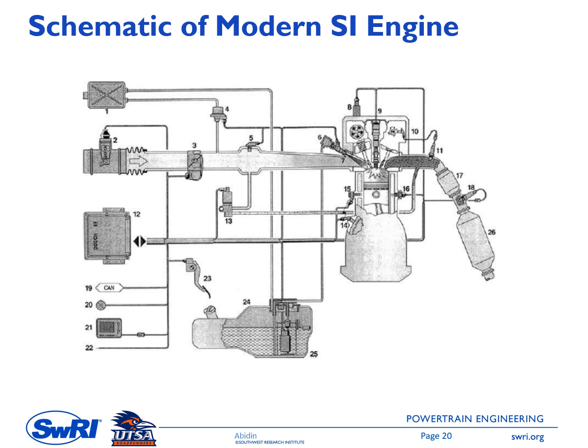This figure is showing a schematic of a modern spark ignition engine. Only one cylinder is shown here. This is the engine, this is the piston, and then we have a spark plug here. Let's start looking at the intake system. We have the intake system starting from this point.